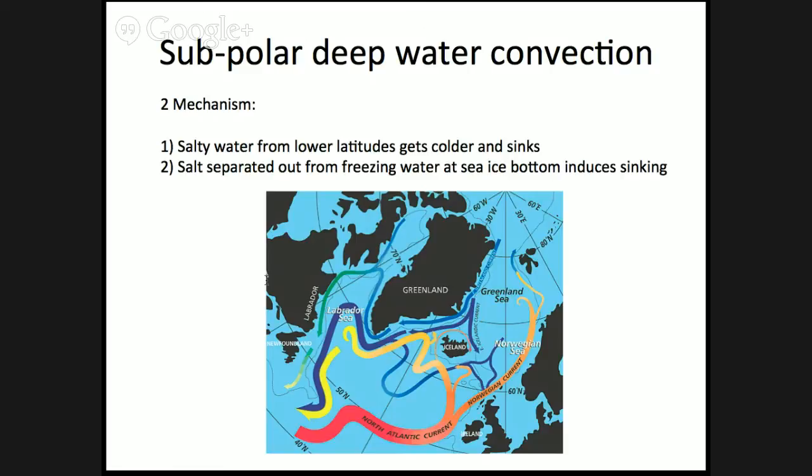So what controls the climate over Greenland? Here's a scheme, a mechanism that is generally believed by researchers.